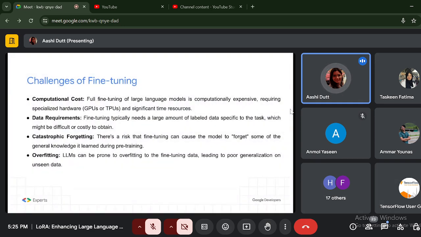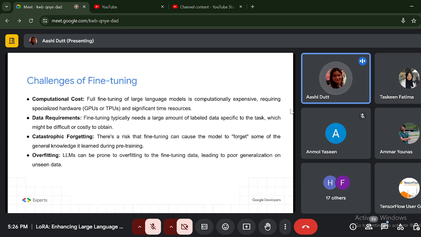But there are certain challenges to fine-tuning as well, because fine tuning can be computationally costly, because as I already told you, these models are trained on billions of billions of data. So if the data is so big, the model is of course going to be that big because you need such parameters to understand all that kind of data, right? So the computational cost is of course high. The data requirement is of course a big task.